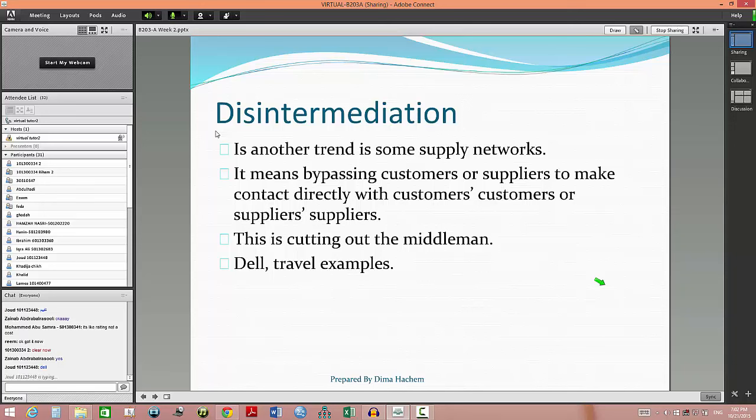If you remember when we discussed the Dell company example, we said that Dell is the best computer maker because they eliminate the wholesalers and retailers, and they sell directly to the end customer. Removing the wholesaler and retailer, this is disintermediation. Disintermediation means to remove or eliminate the intermediary or the middleman.